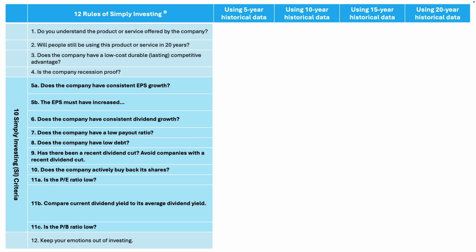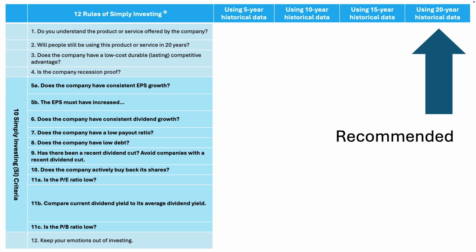Now, you'll notice in the web application that we provide you, of course, with the SI criteria, all of the values for every stock in the US and in Canada for now. And then we're going to add the UK and South Africa later on. And when you get those values, they are presented to you using 5-year historical data, or 10 years, or 15 years, or 20 years.